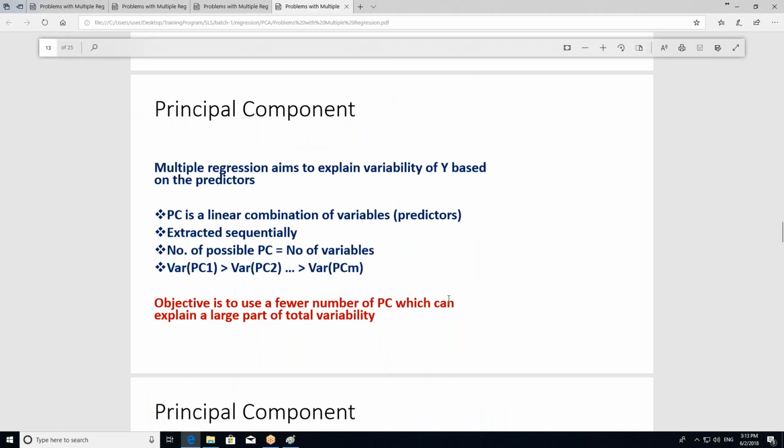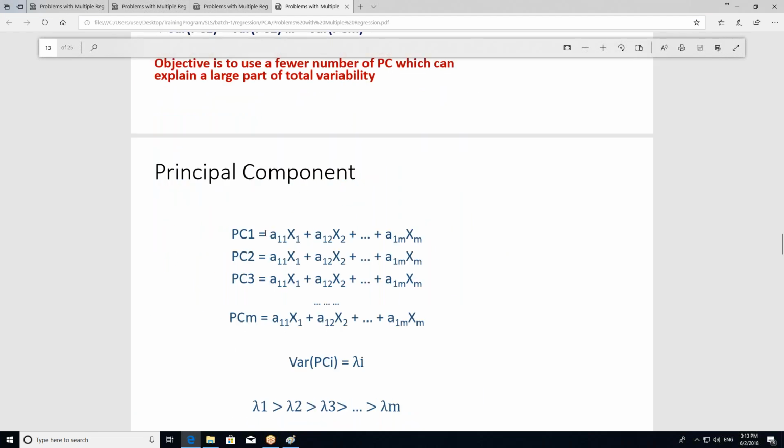Okay, so how do I create the PCs, the principal components? As I told, each principal component is a composition of all the variables. In my case I have 5 variables, and PC1 is something like a1 x1 + a2 x2 + a3 x3 + a5 x5, up to am xm if I have m variables. Similarly for PC2, PC3, PC5.